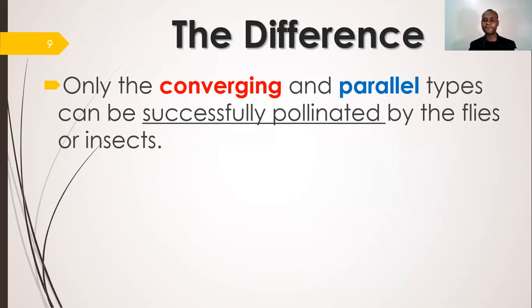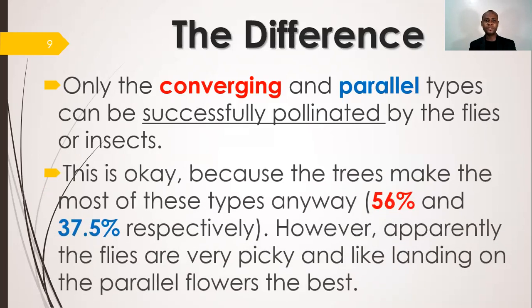Which means that for the splayed or divergent flowers, it's really hard for pollination to take place. But we can say that this is okay because the cacao tree makes most of its flowers of the other types.